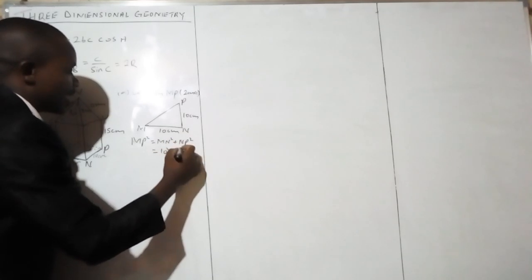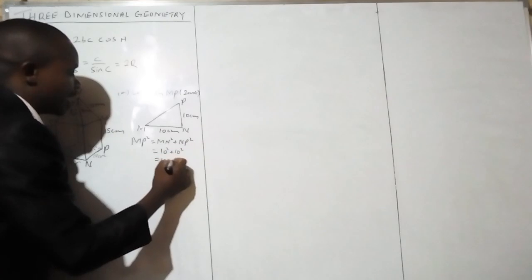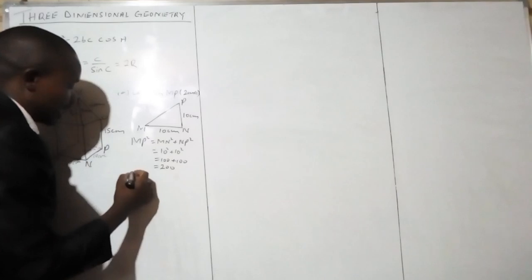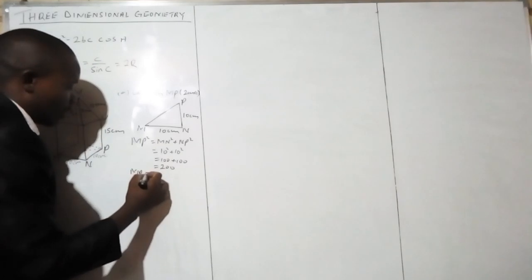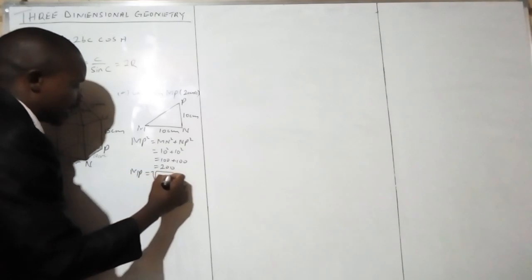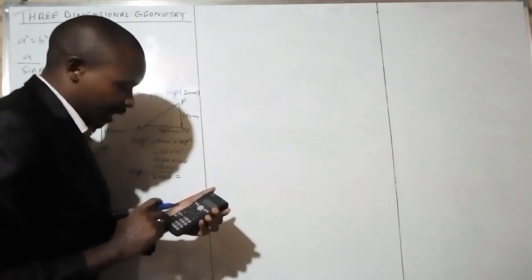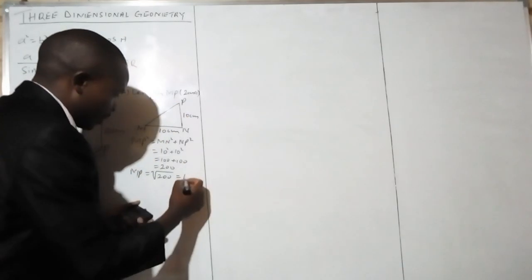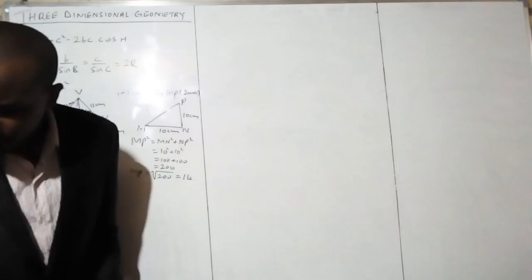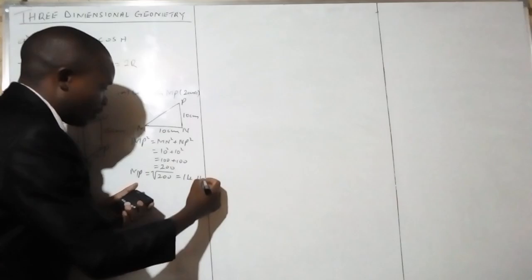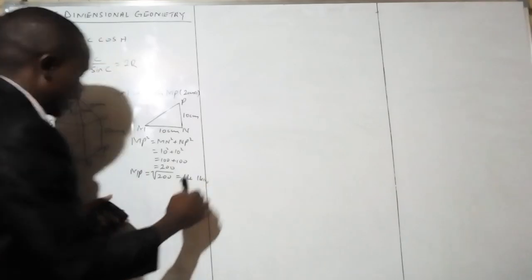This is 100 plus 100, which is 200. MP will be the square root of 200, which is 14, and you've been told to two decimal places, 14.14 centimeters. That is MP.